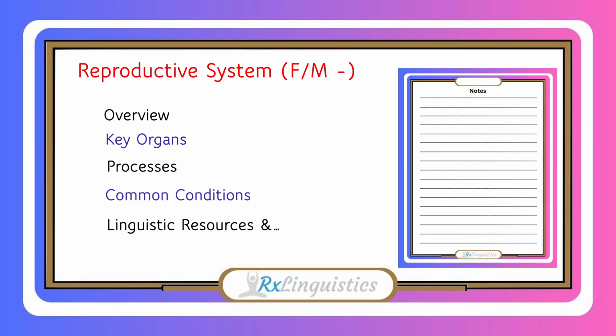In this reproductive health Spanish vocabulary study, we will discuss in this order the key organs, the processes, and the common conditions: los órganos principales, los procesos fisiológicos y las condiciones médicas asociadas.